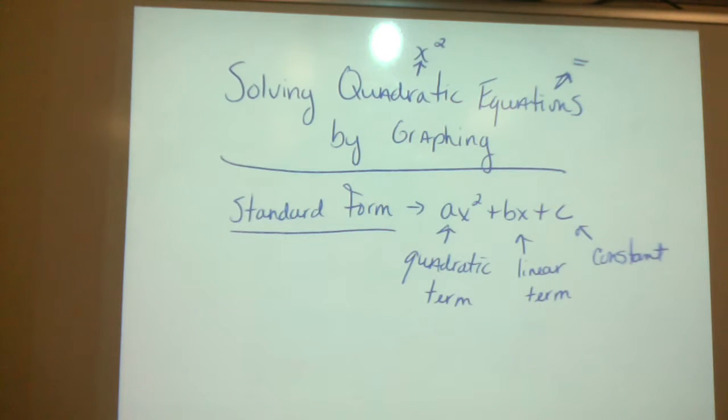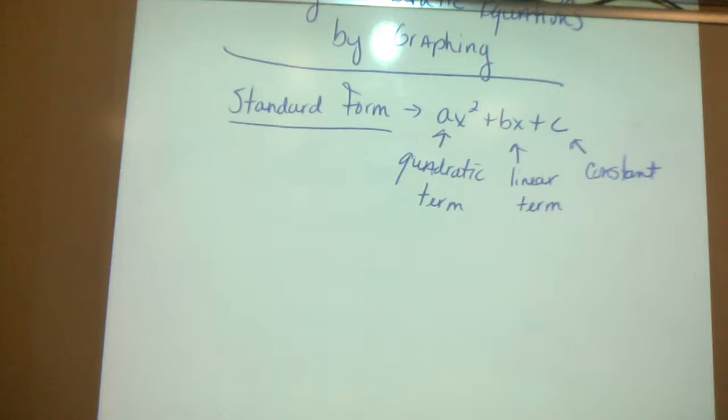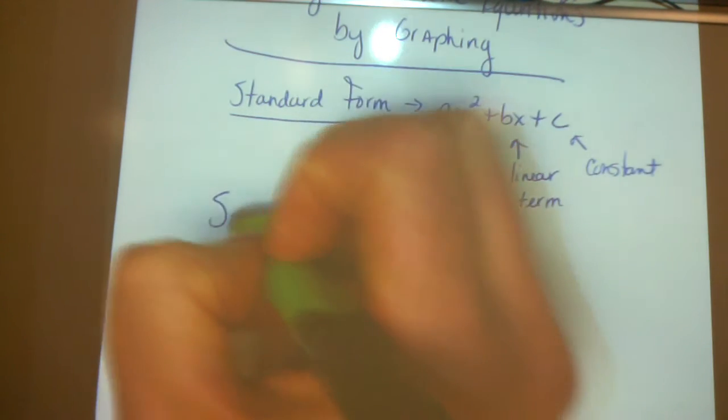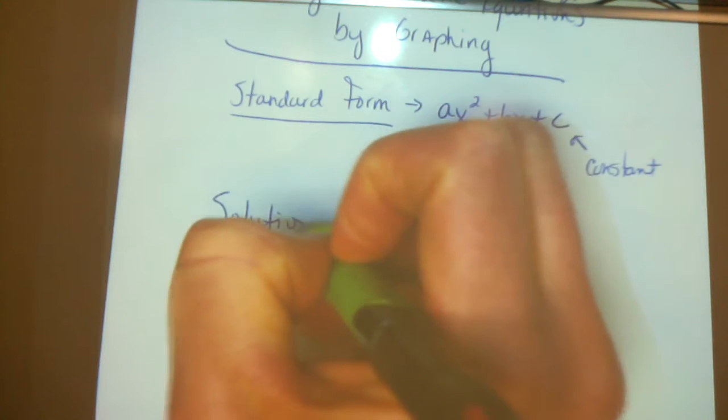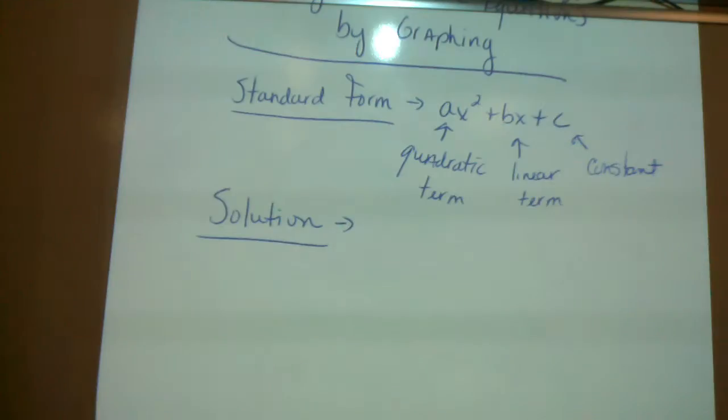All right, so now that we know what the standard form of a quadratic equation looks like, let's go through what the solution is going to look like. So our solution, because that's what the title of this lesson says, solve quadratic equation.